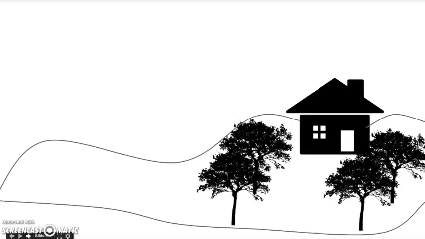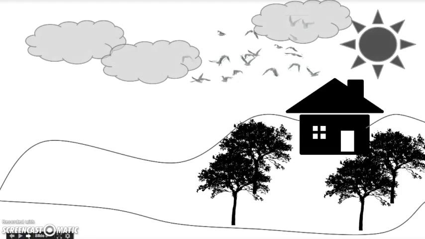So now if we bring in our trees, now we understand that it's in the countryside. And then we can see our birds and clouds and sun. And suddenly we have a clearer picture of the setting, the context, and what everything means. This is a pretty familiar image that we can relate to our own context.